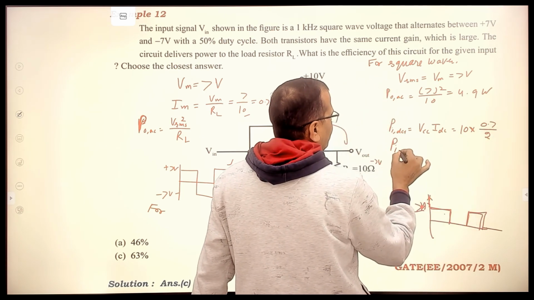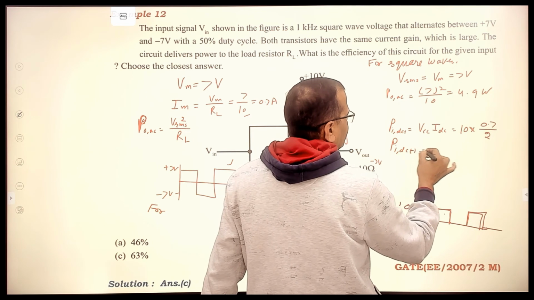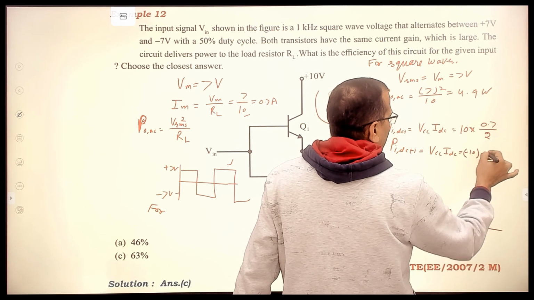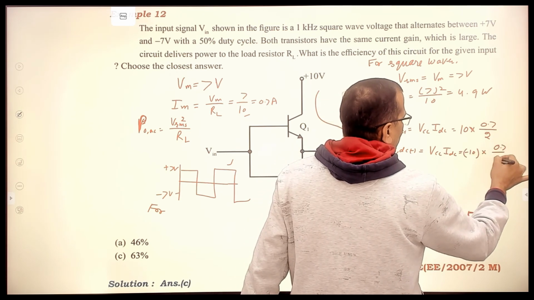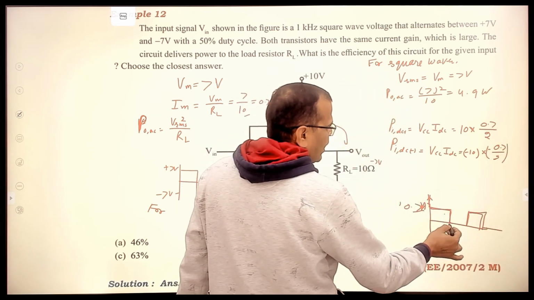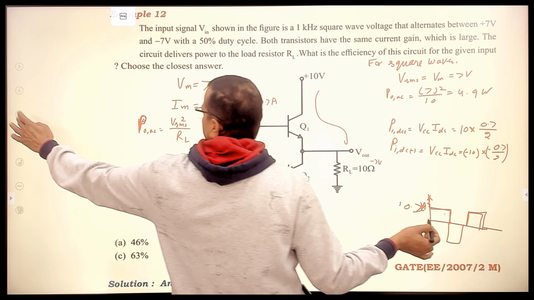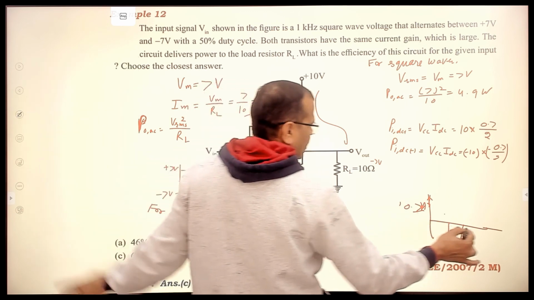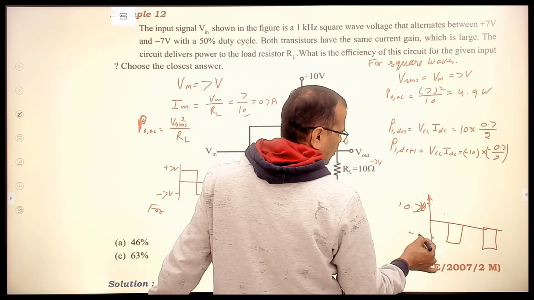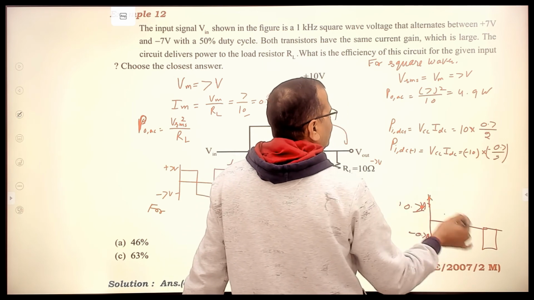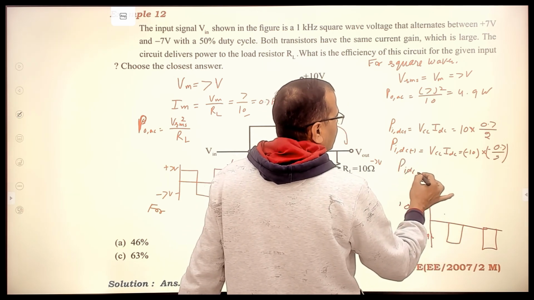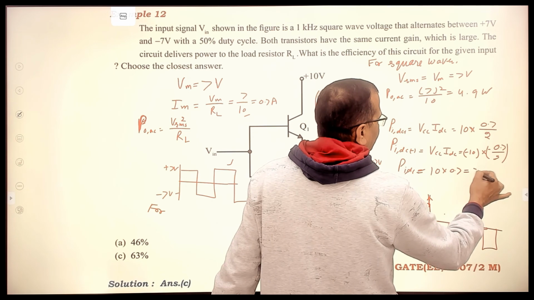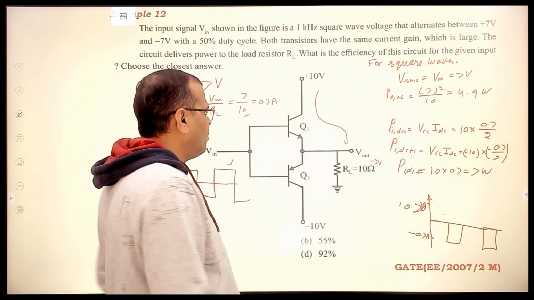And during the negative half cycle, PIDC will be VCC IDC, that is minus 10 volt multiplied by 0.7 by 2. Why? Because during the negative half cycle only these currents will be available. So during the negative half cycle, this will be the waveform, and this is 0.7 ampere, so divided by 2. So the total IDC will be basically the sum of these two. When you add up these two, this will be 10 into 0.7, and that is 7 watt.